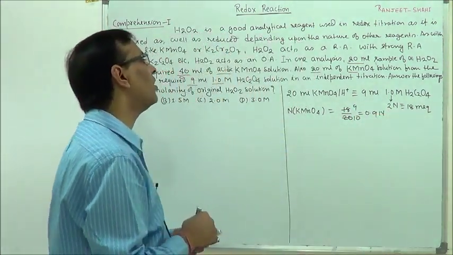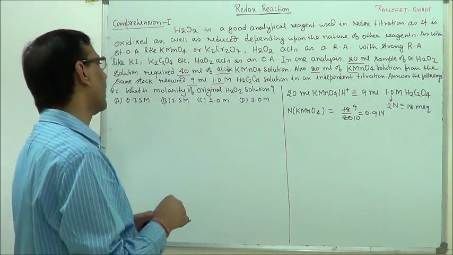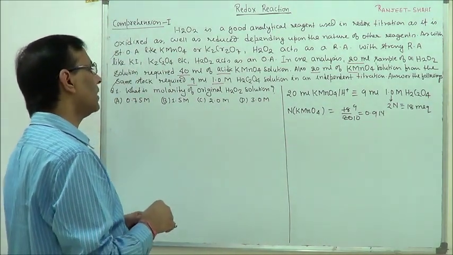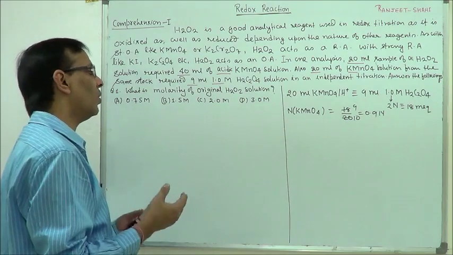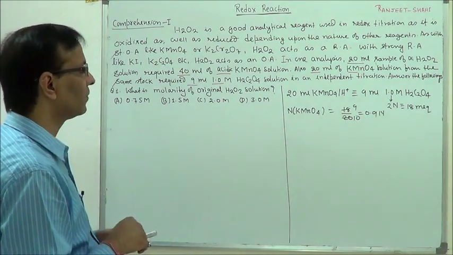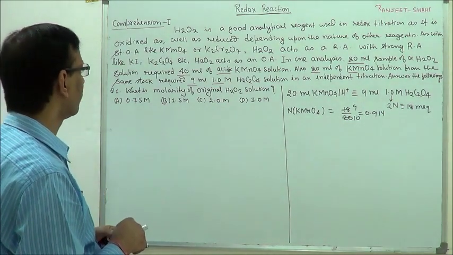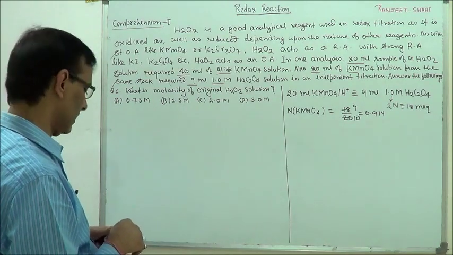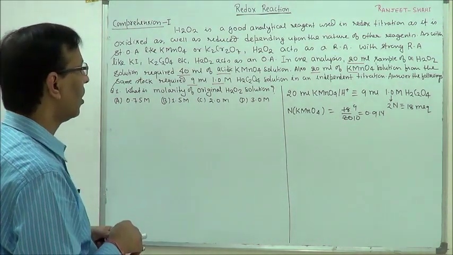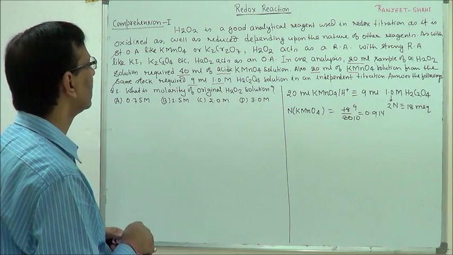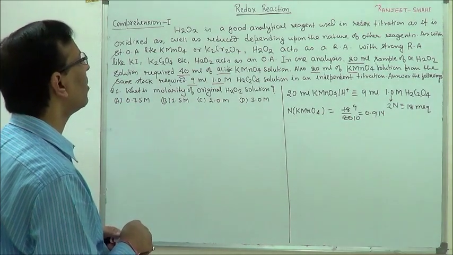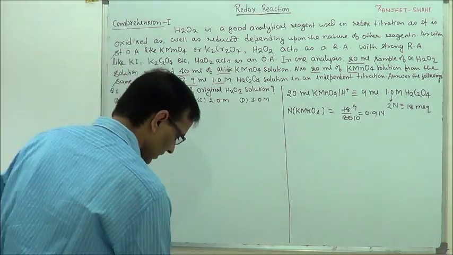So now we know the normality of potassium permanganate, and as we know the normality of potassium permanganate, we can determine the normality of original H2O2.